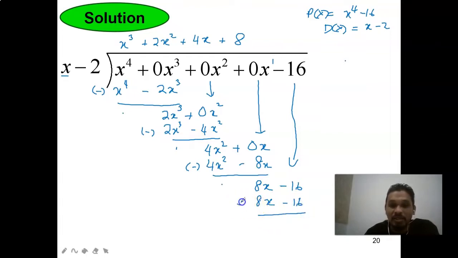So let's take a look at this one here now. 8x minus 8x, 0. Negative times negative becomes positive, so negative 16 plus 16, also 0. Now, we are going to simplify all this.